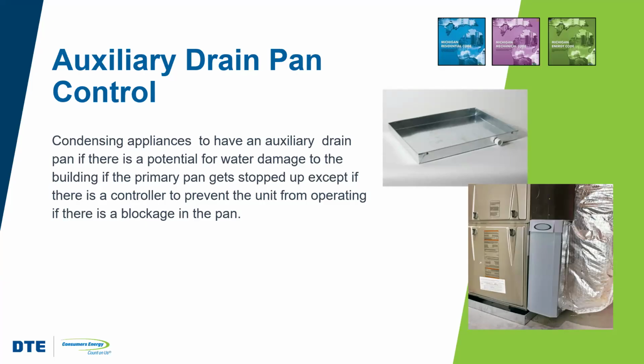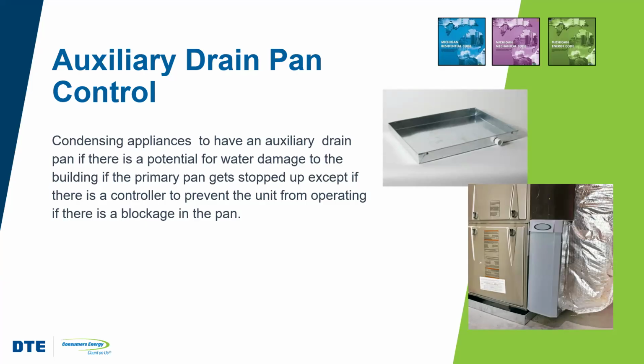If we have this additional drain pan, we want to make sure that it drains to a space that is frequently seen, right? So to a drain or a sink that the homeowner may see on a regular basis. Something, for example, like in the laundry room, or where they may go frequently, so that they can see that this pan is draining, right?